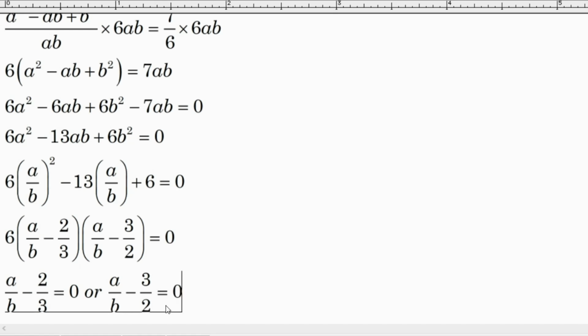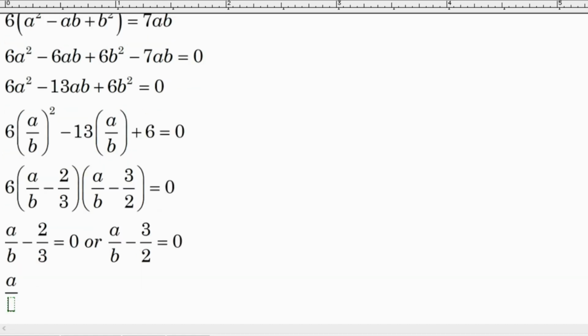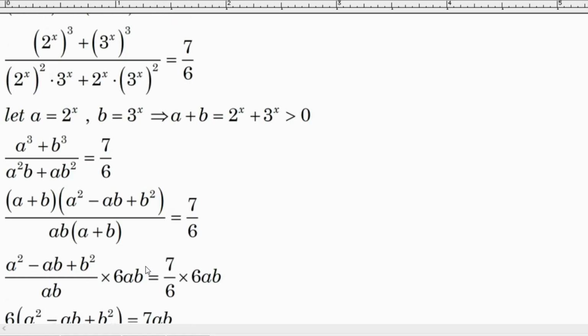Alright, so then we will get a over b is equal to 2 over 3, or we will get a over b equal to 3 over 2. Okay, so as we can see, we have a equal to 2 to the power x and b equal to 3 to the power x.